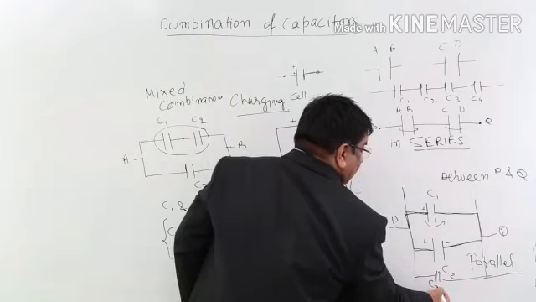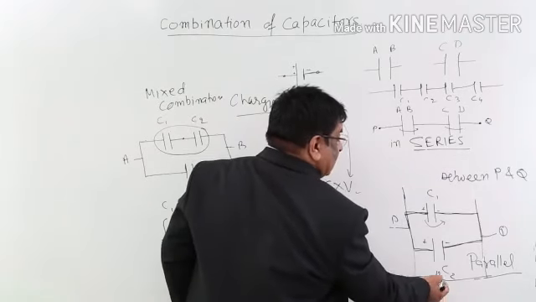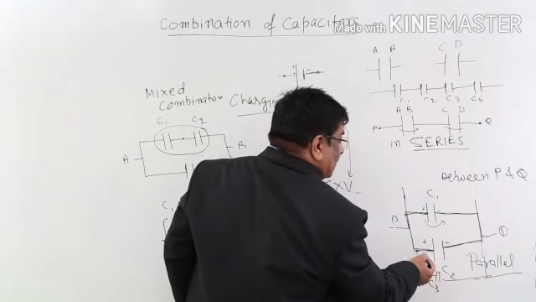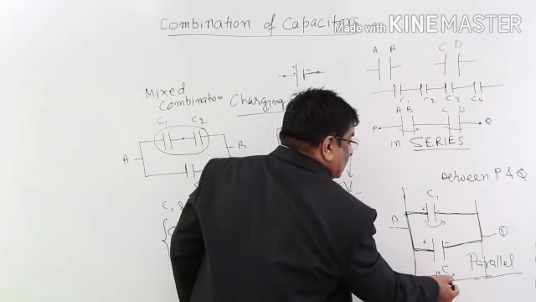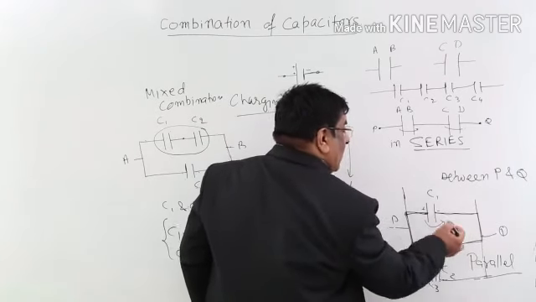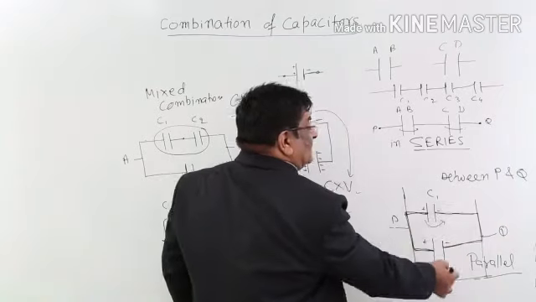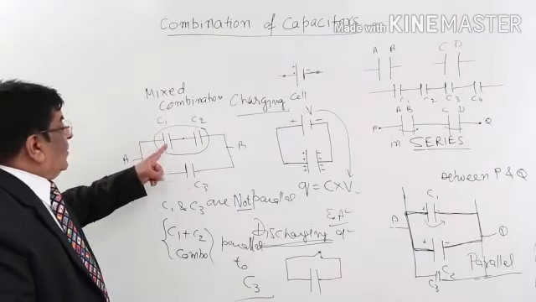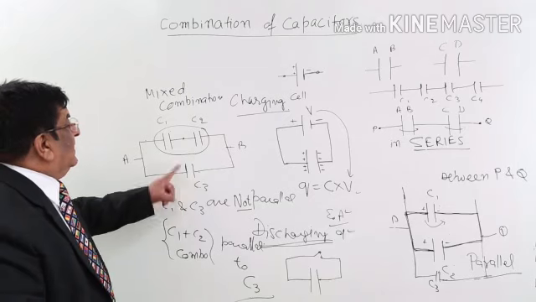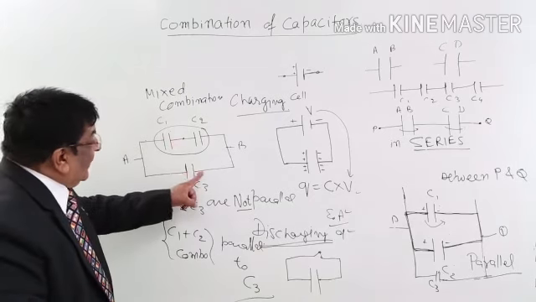So C1, C2, C3: one plate of all three is connected with P and the other plate of all three is connected with Q. So all three will be known as in parallel. But here C1 is not parallel with C3 because this plate is not connected with this.